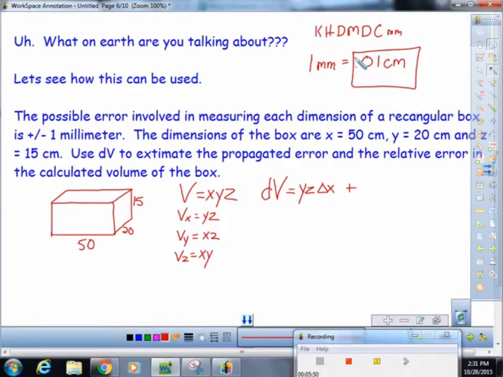Right now, it's just delta X. Eventually, we're going to be plugging in that 0.01 centimeters. That is our delta X. So it'll be plus xz delta y, and plus xy delta z.